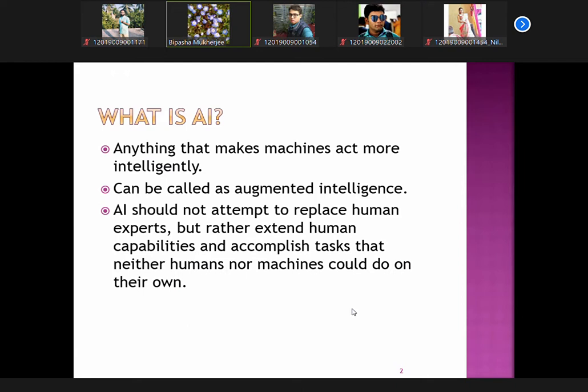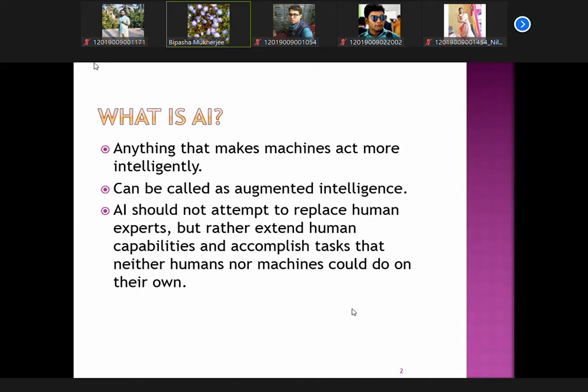So that is an intelligence that is not developed automatically. That's why it is called augmented. Artificially it's given. That's why it's called artificial.